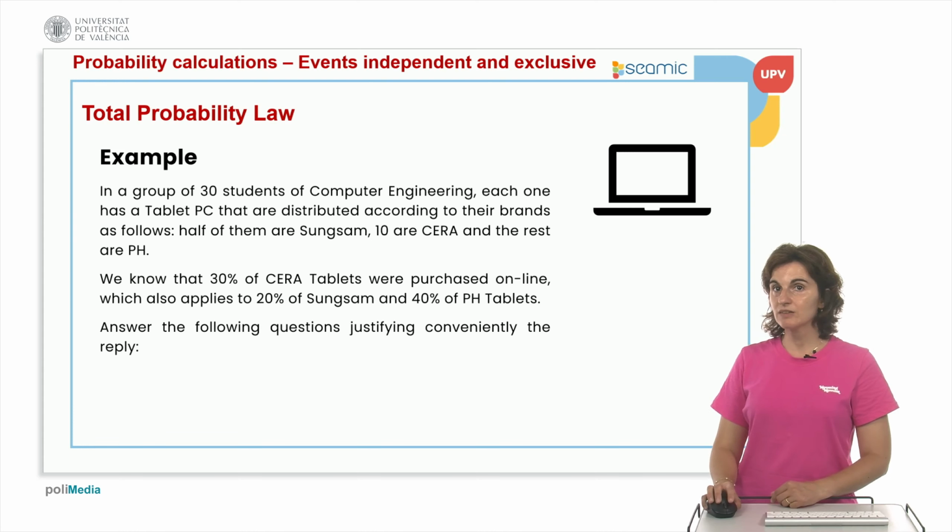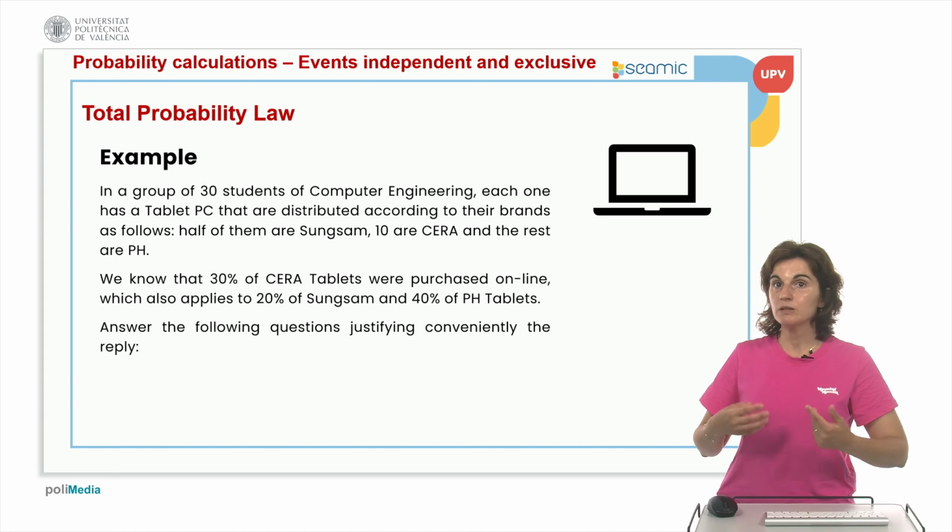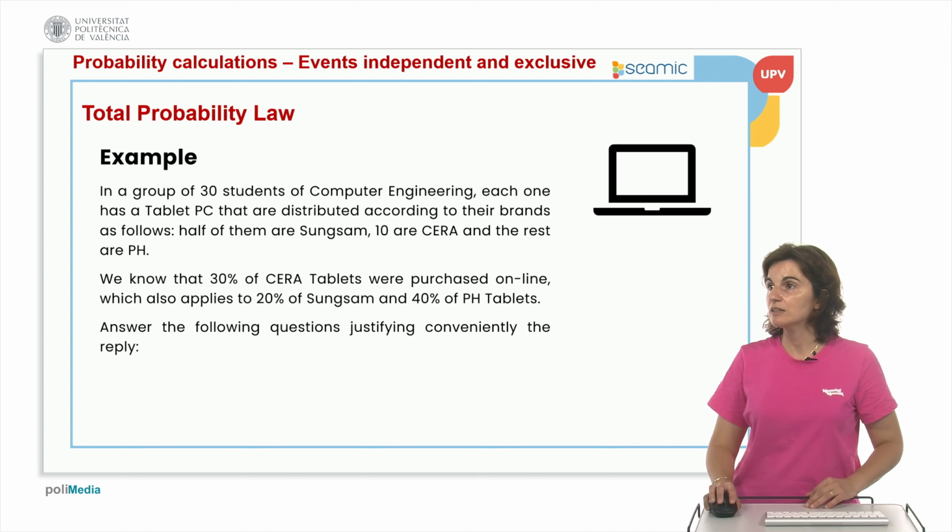So here we are given information about the probability of A, being purchased online, given that we know that the brand was Zira. Or for instance, here this 20% means the probability of being purchased online, knowing that the tablet was Samsung, and so on.